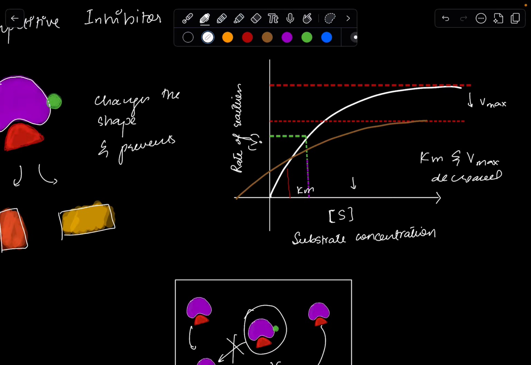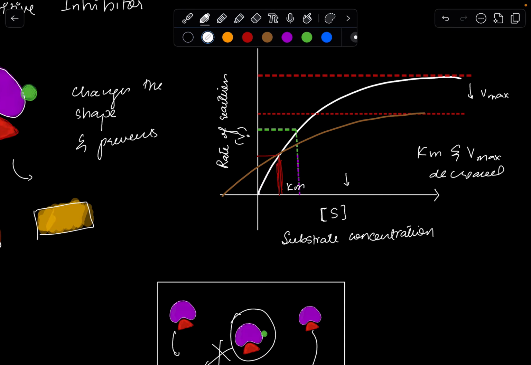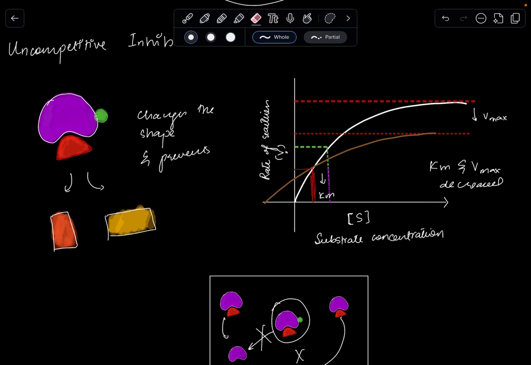So only 15 people can work. So the Km decreases. That's my bad, sorry, I made the wrong graph. There you go. So Km decreases, Vmax decreases. Km moves to the left. When it moves to the left, generally that's a good thing. But in this case, it's not.